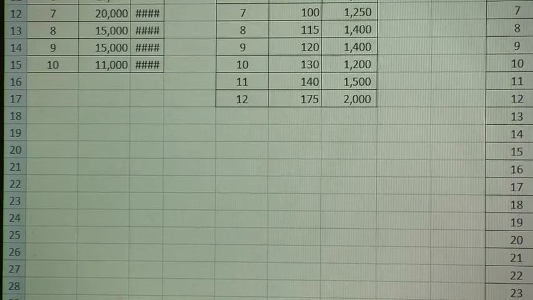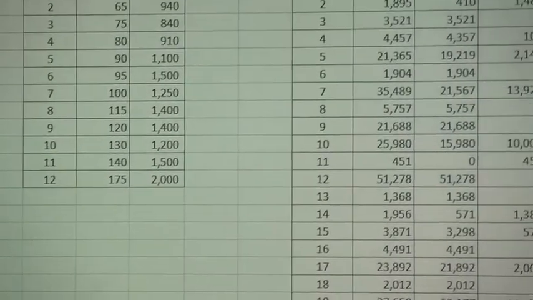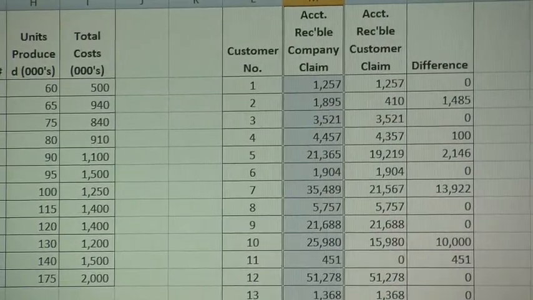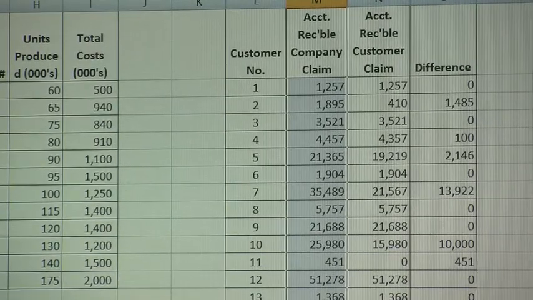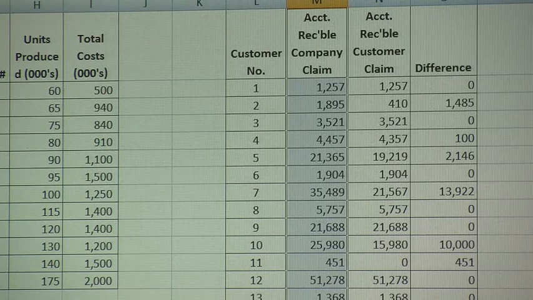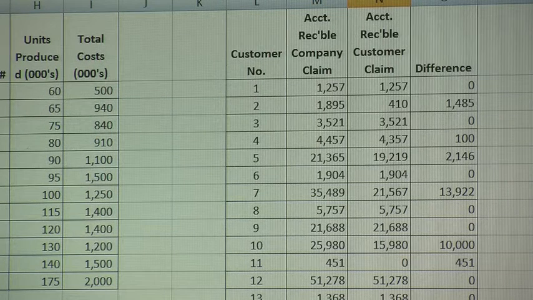So at the end of the day, using the paired observations test, what we would conclude here is that the company claims that the amount of money that these 24 customers owe, well, what we observe is that the company claims that it's owed on average $2,576 more than what the customers claim.